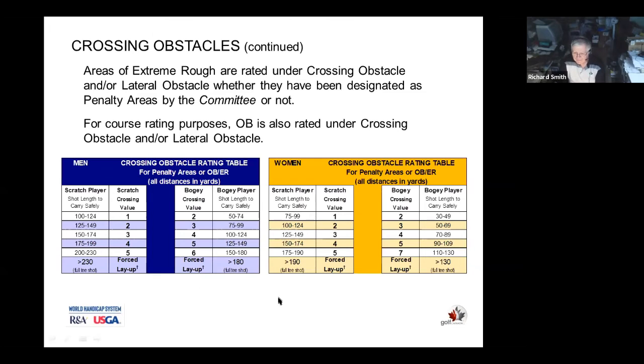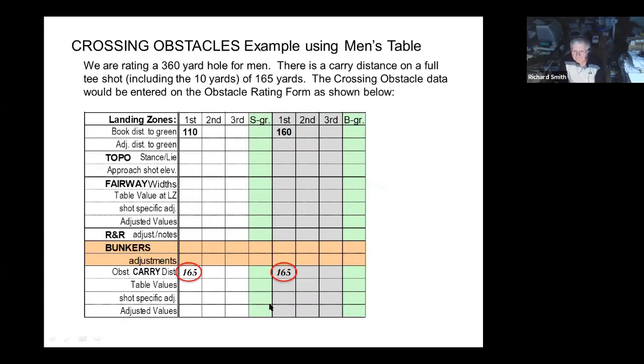And remember, when you're looking at the distances, include that 10-yard safety margin for safe carry of the obstacle. So an example of this using the men's table, we're rating a 360-yard hole for men.